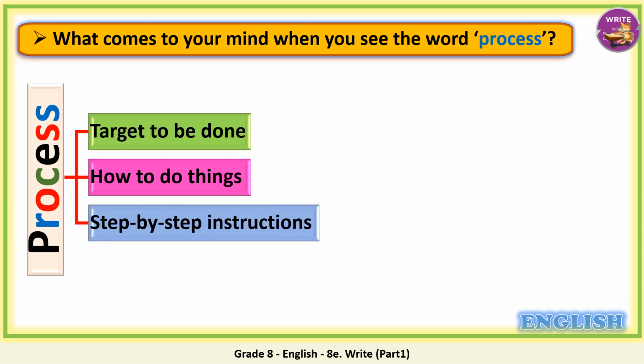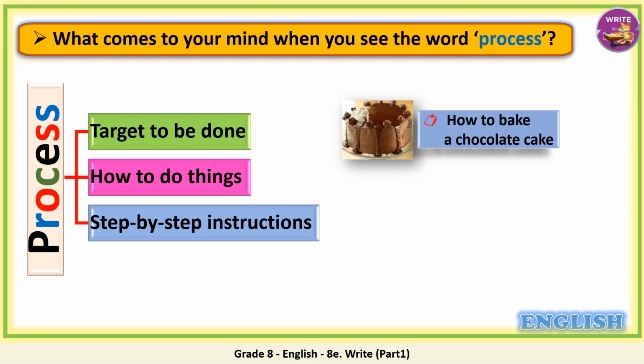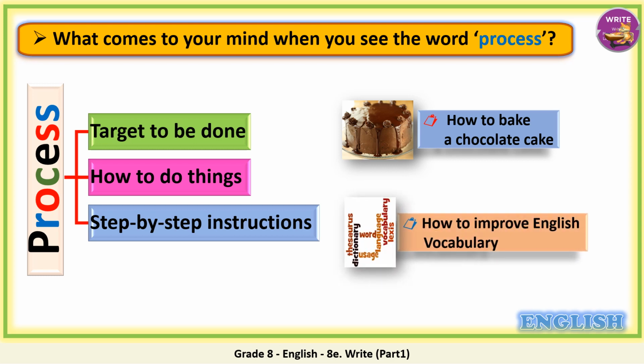Very good. Step-by-step instructions. Like what? We want to know how to bake a chocolate cake, so we have some steps. Or we want to know how to improve English vocabulary, we're gonna have some steps.